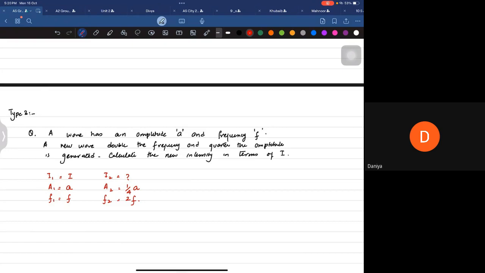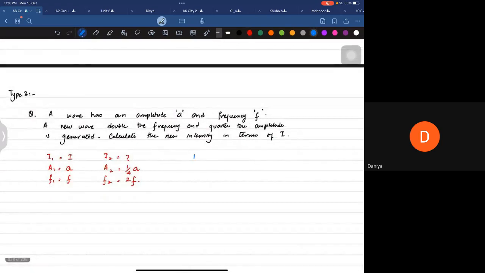When you've done this, you guys need to realize something very important, and that is that I1 over I2 is basically A1 squared over A2 squared. You know that? And we also know that I1 over I2 is equal to frequency 1 squared over frequency 2 squared, because there are two factors now changing.